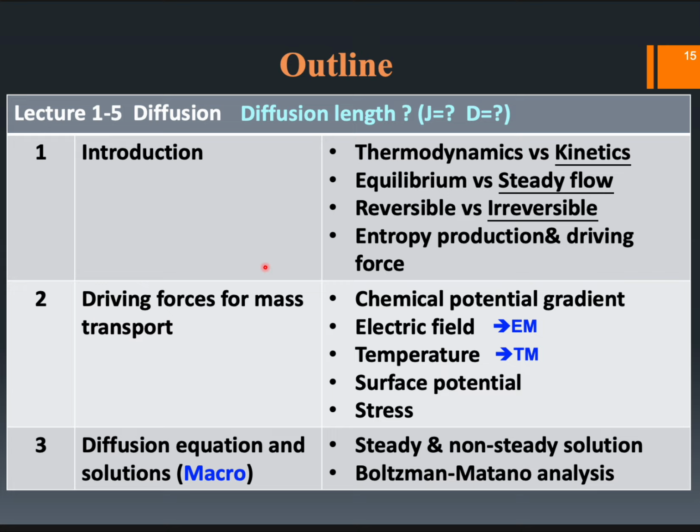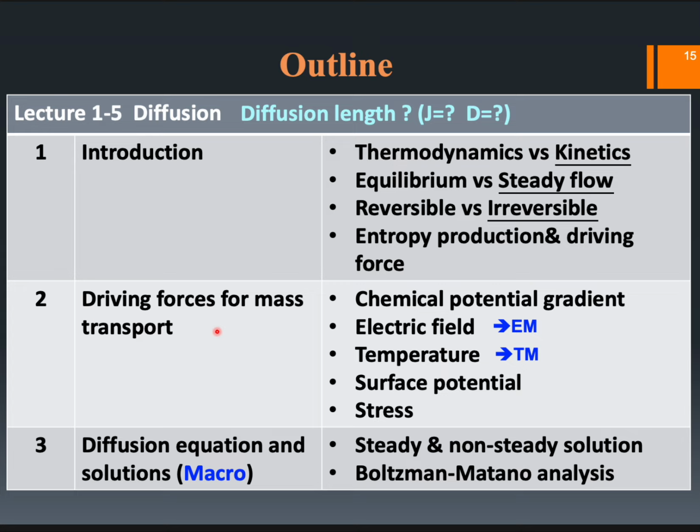I believe you can also use the entropy production rate per volume to describe each kinetics process. Regarding diffusion in solid materials, the first thing you need to do is identify how many driving forces exist in your material system.